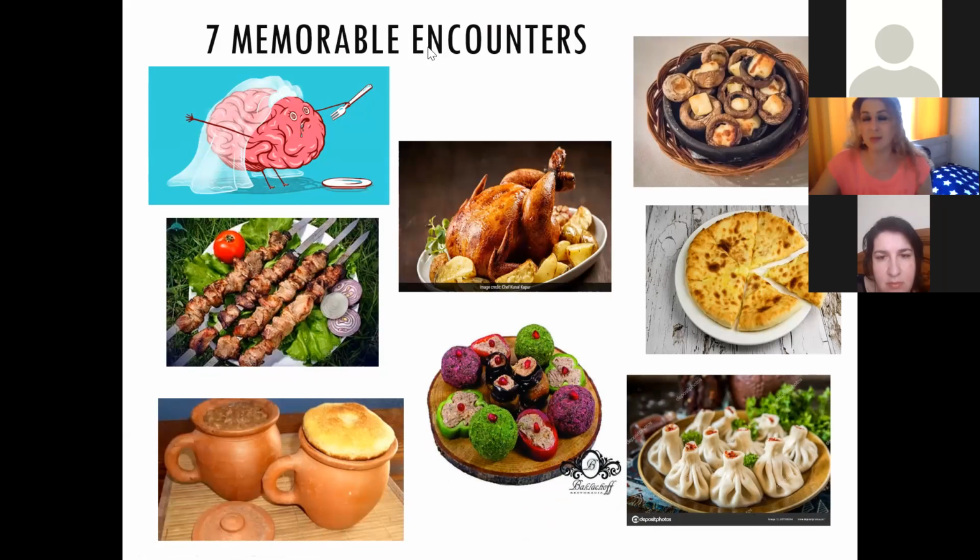So memorable encounters are very interesting ways that help you remember, and will help your students memorize very difficult topics.